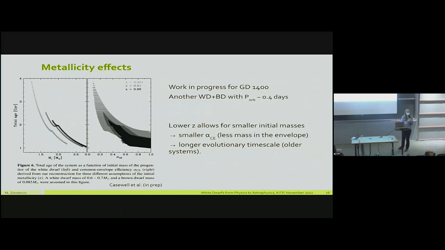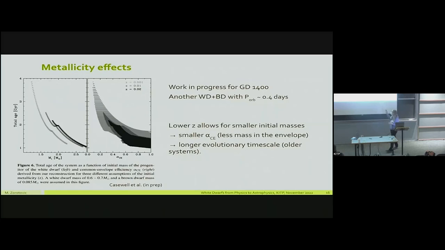so then she sent me this data from one new white dwarf brown dwarf that she's deriving, and she wanted me to reconstruct it. And then when I sent the reconstruction, she said, but I need the system to be older. So I was struggling to get an older age because of the minimum age of the brown dwarf. And then I said, okay, what if I try with different grids for possible progenitors, and I use lower metallicity.